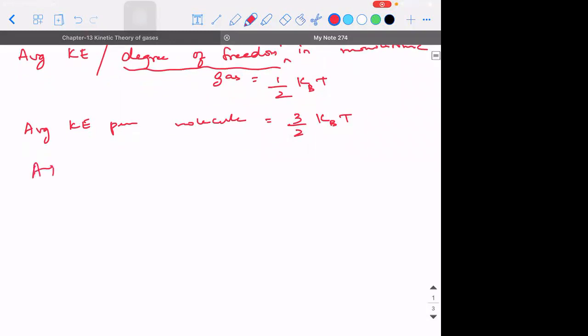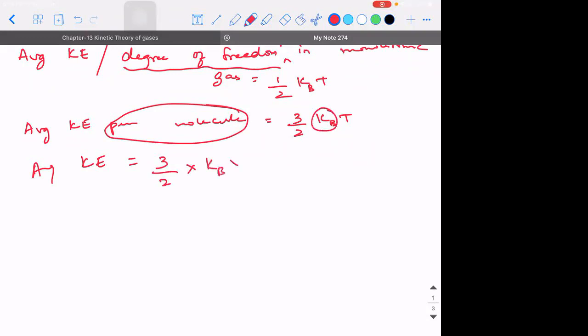Now what is going to be the average kinetic energy? I'm removing the word molecule. That will be 3 by 2 into kB into the number of molecules present in 1 mole of the substance, that is the Avogadro number NA, into T. That will be 3 by 2 into R into T. If I call this the internal energy, then how is Cv defined for 1 mole of a monoatomic gas?